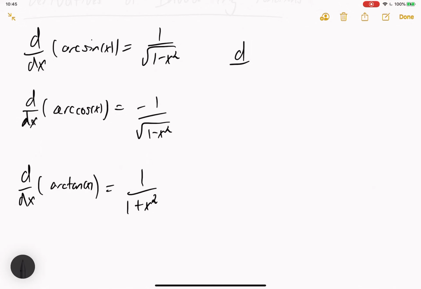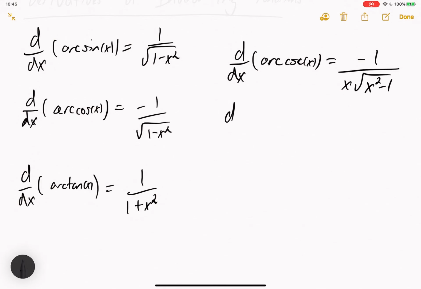And now we have the reciprocal functions, so like arc cosecant. That's going to be equal to -1 divided by x square root of x squared minus 1. d/dx of arc secant of x is basically the same thing, but now it's going to be positive: 1 divided by x square root of x squared minus 1.